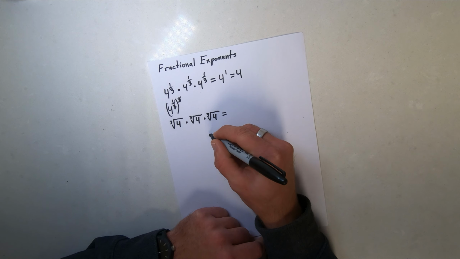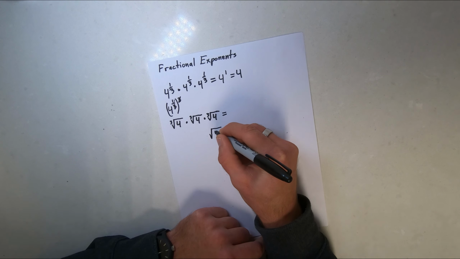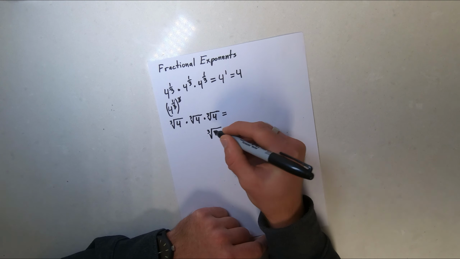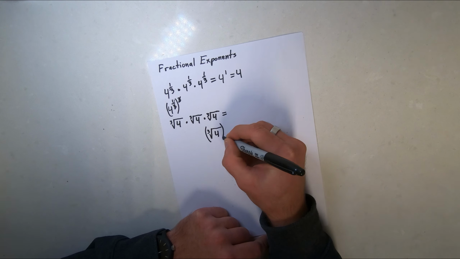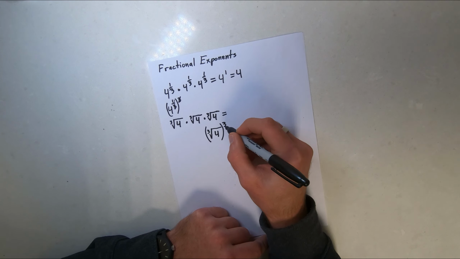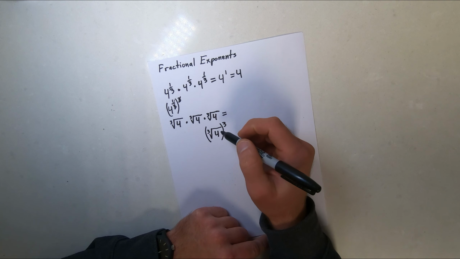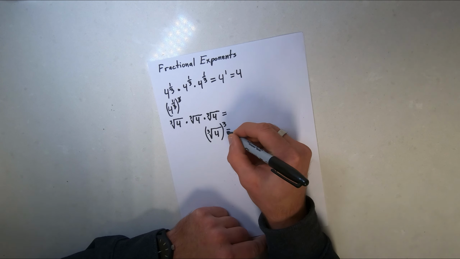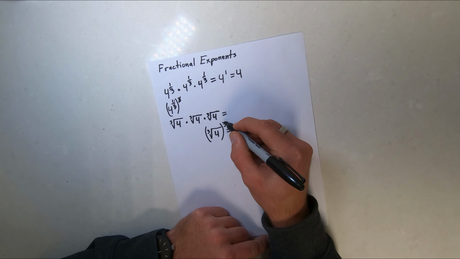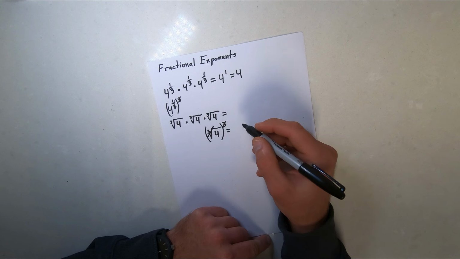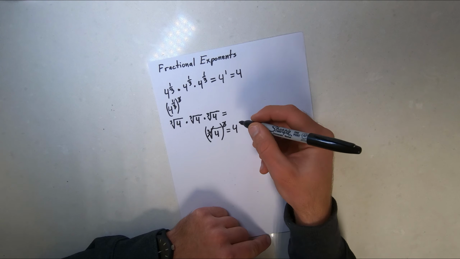It's the same thing as saying the cube root of 4 then cubed. Cubed means multiplied by itself 3 times, which will basically cancel out and leave us with 4.